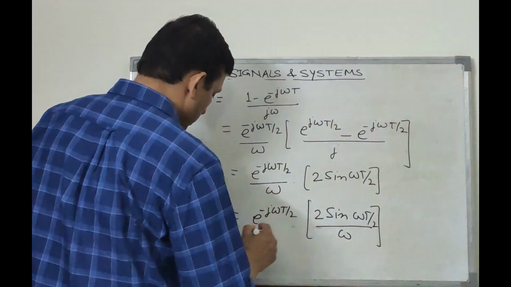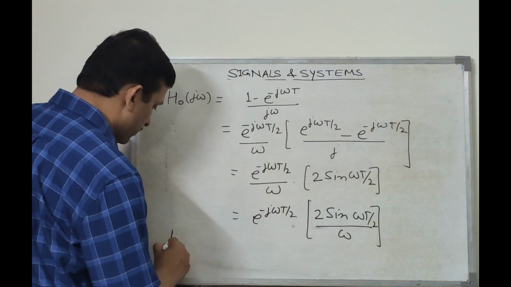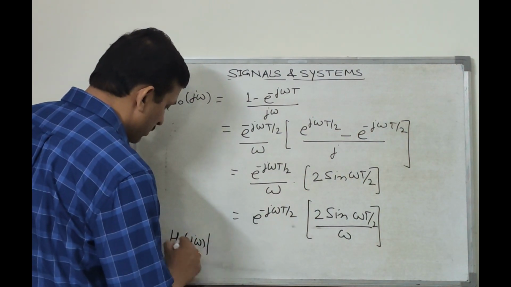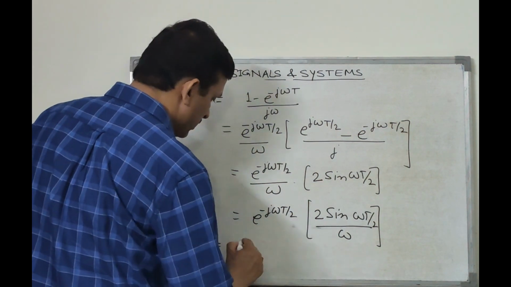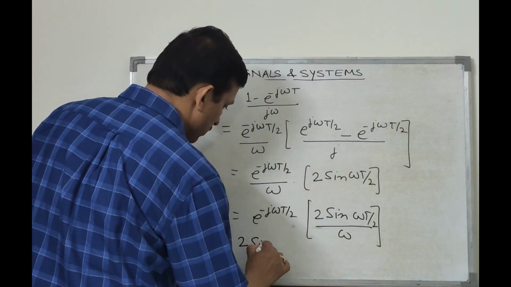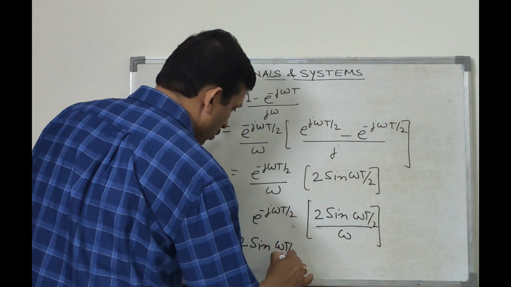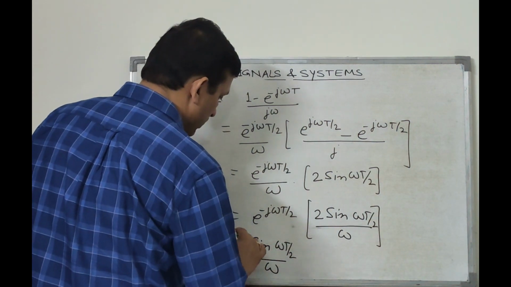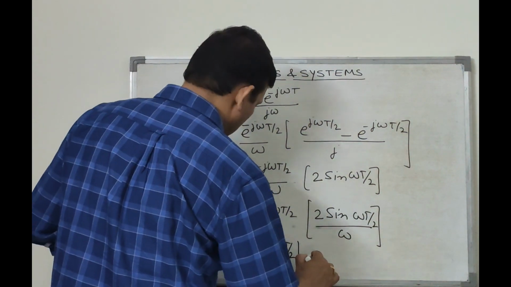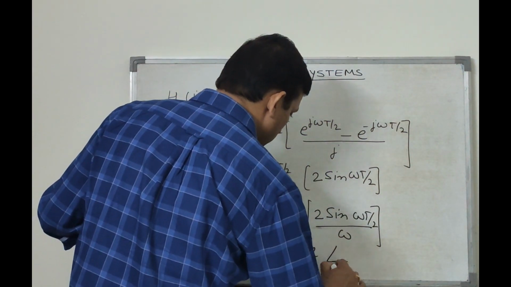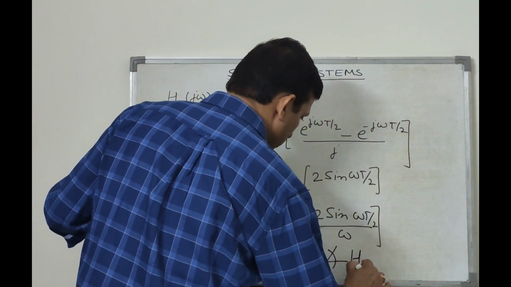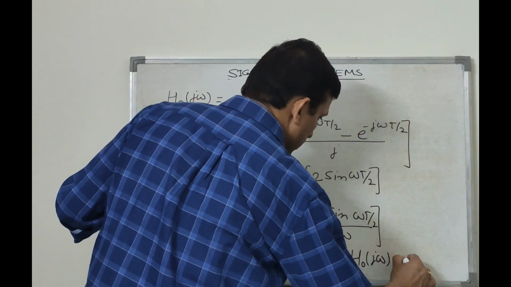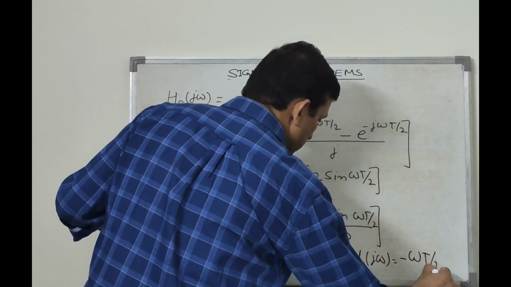Here the magnitude of this is twice sine omega T by 2 divided by omega, its magnitude value, and the phase is minus omega T by 2.